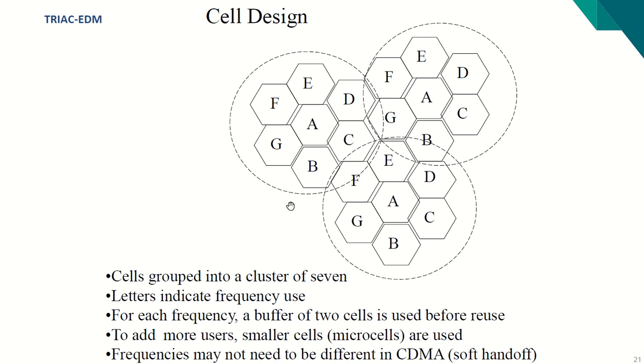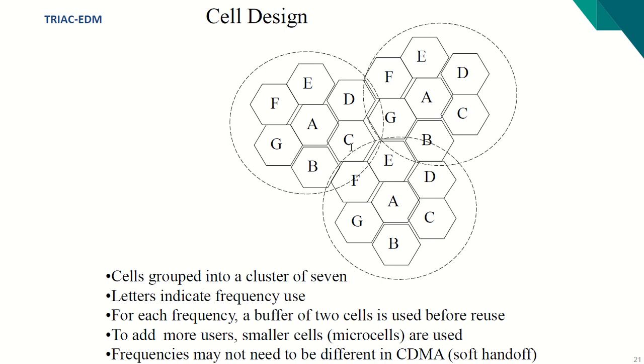The reason is that, let's say you have 1,000 people inside a cluster. If you put it into 7 cells, then you can imagine that each cell controls around 130 to 140 users.